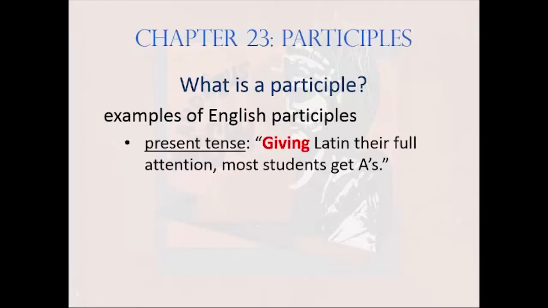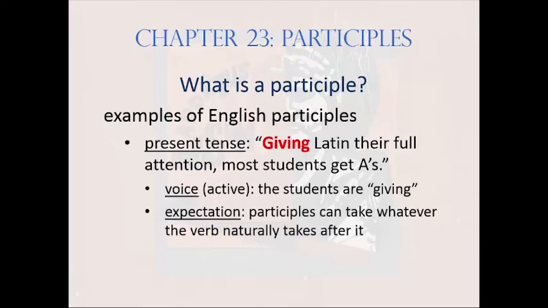Notice that participles like listening convey not only tense, in this instance present tense, but also voice and expectation. For instance, giving Latin their full attention, most students get A's. Here, giving is active. The students are doing the giving. They're not being given.